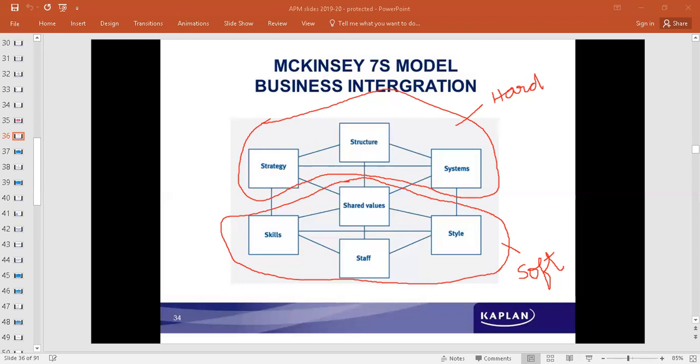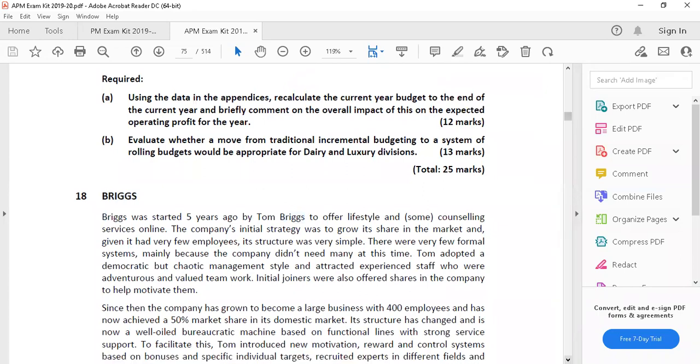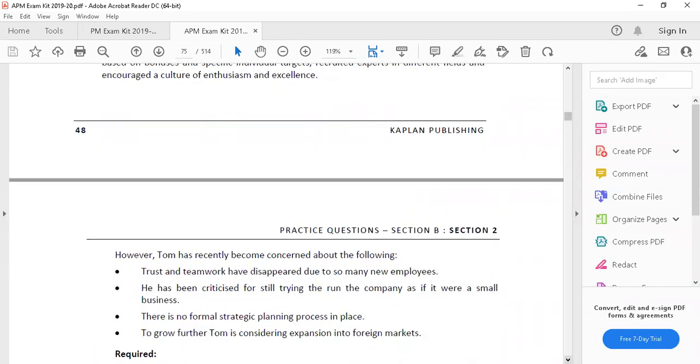Let me put you to the case study. We'll read through that. It's a very small question, but exclusively on McKinsey's 7S.